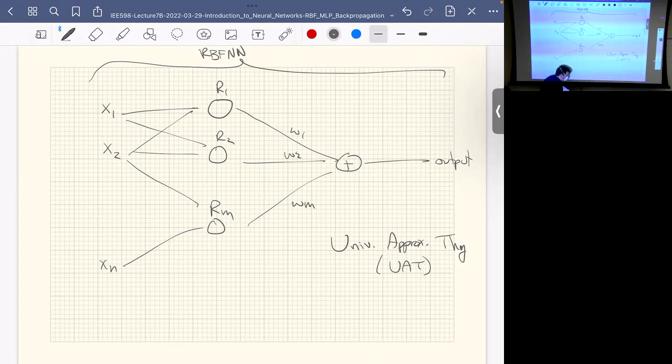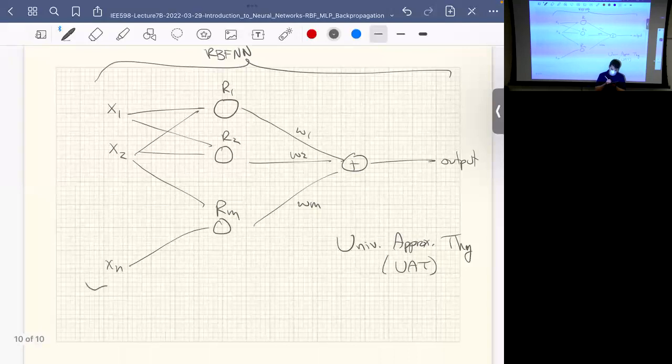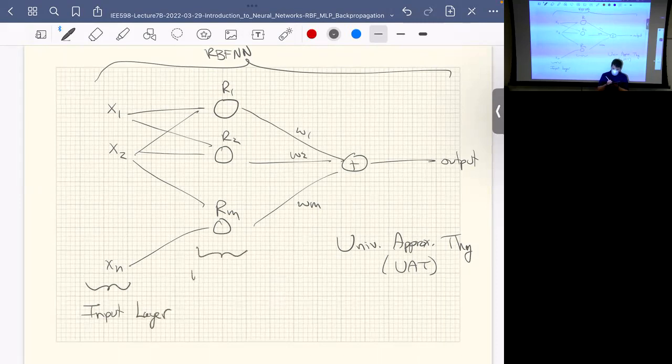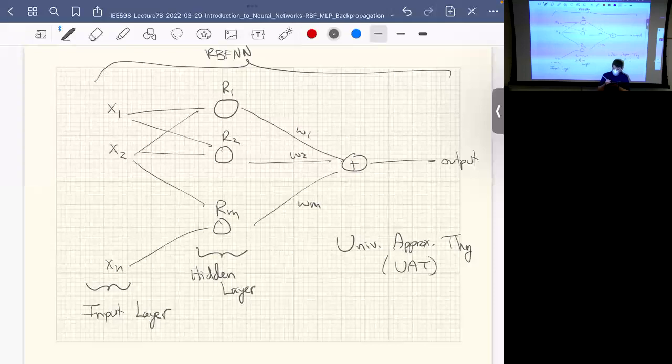So if you have an infinite number of these units, you can approximate any function. And that's really important for neural networks because this is basically the structure of a modern neural network. This is what we refer to as an input layer. This is what we refer to as a hidden layer. And this is a single output, but I'm going to call it an output layer.